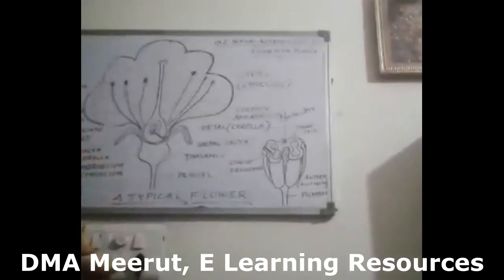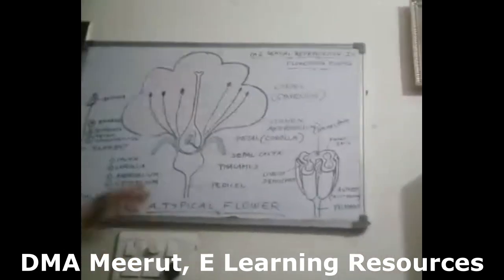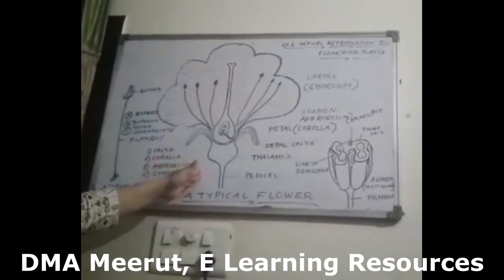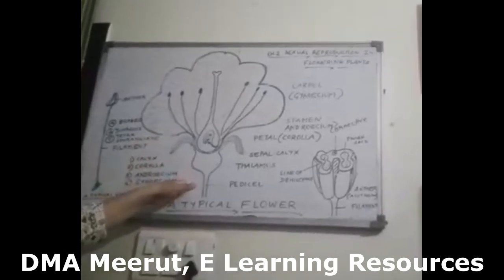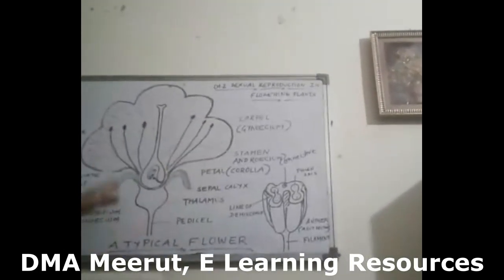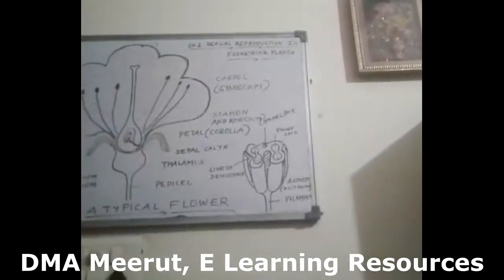Okay. Now here we can see that a flower is said to be a modified shoot because it is divided into nodes and internodes, and from each node arises lateral appendages that we call a whorl, and a complete flower has all the four whorls.